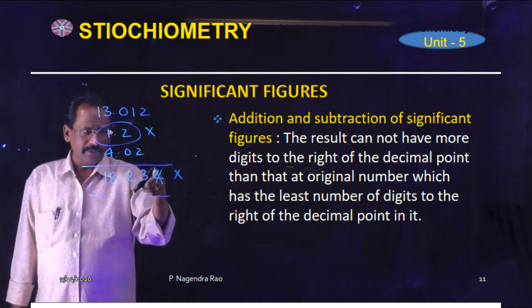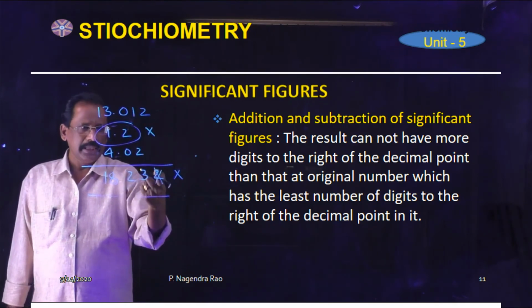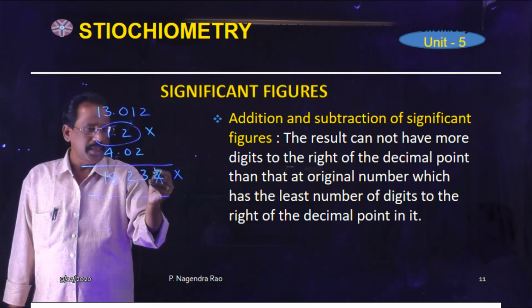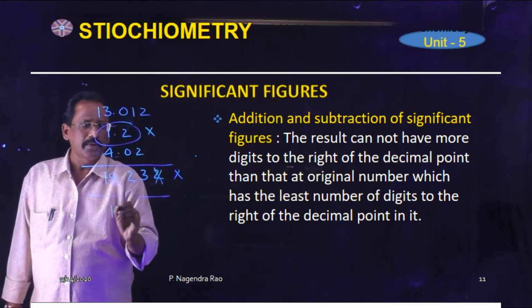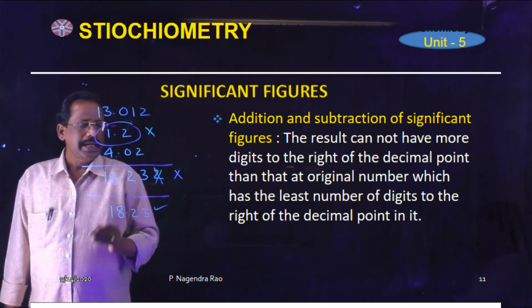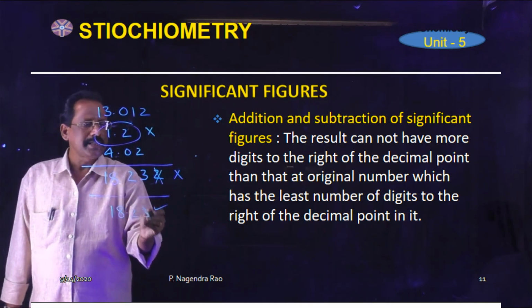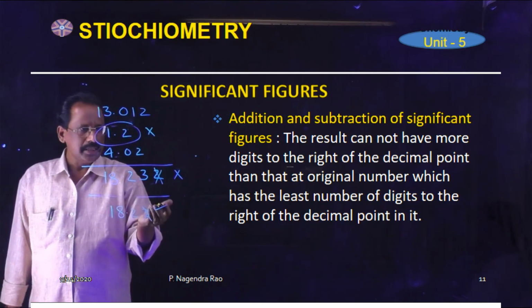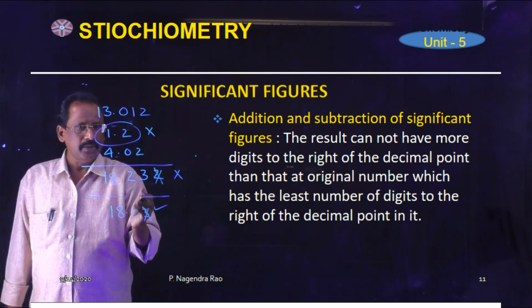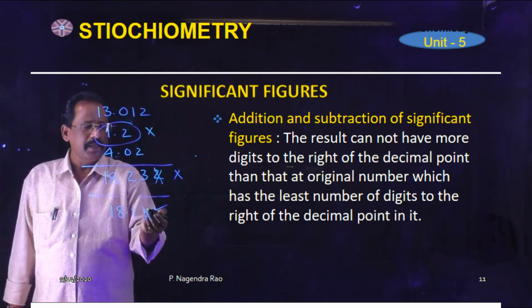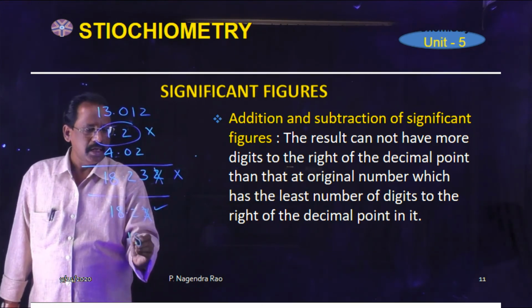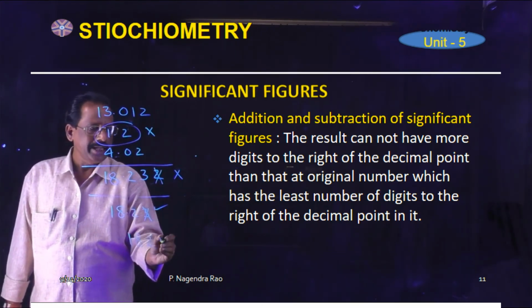It is less than 5. That's why there is no change in the preceding number. So the answer is 18.23. And once again remove this number 3. It is also less than 5. So there is no change in the preceding number because this last digit is less than 5. So the final answer is 18.2.